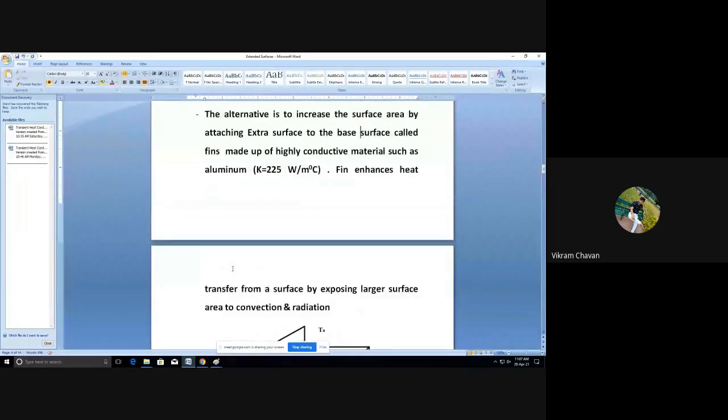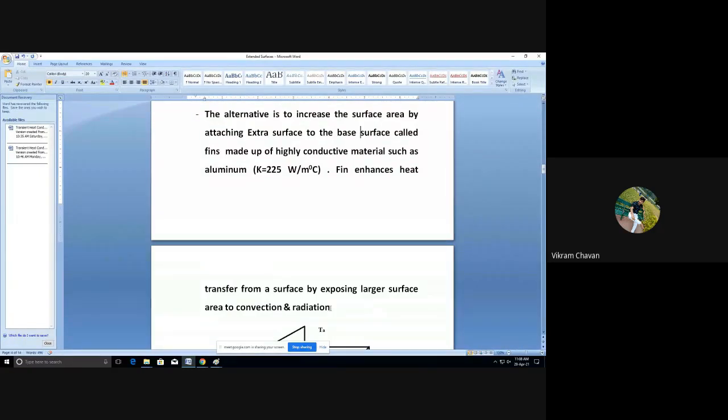Fin enhances heat transfer from a surface by exposing larger surface area to convection and radiation.